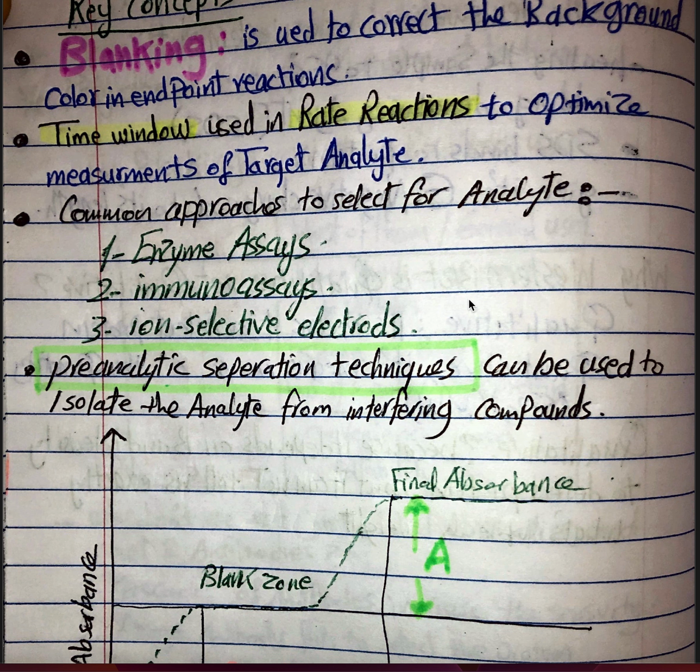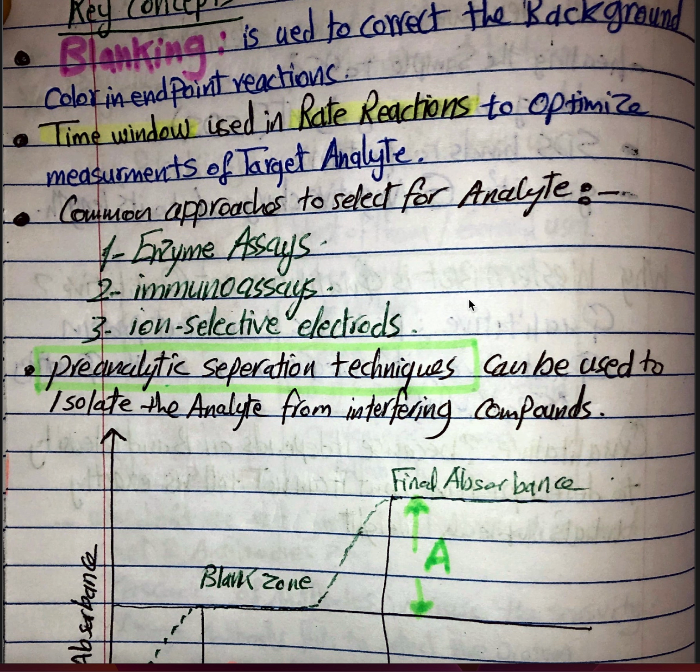But it's not about endpoint reactions or rate reactions. It's actually about how to select the analyte. So sometimes we use enzyme assays, sometimes immunoassays, sometimes ion selective electrodes. I can say they are the target.